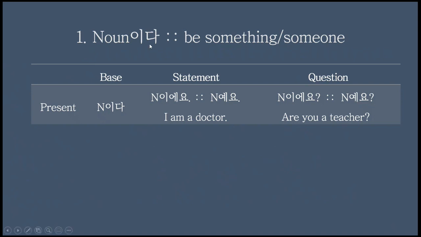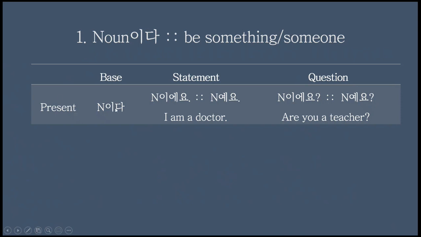Noun plus 이다 form. When can you use it? A stuff is something, or a person is someone. Only in this structure you use the noun plus 이다 form, okay? 자, let's start with the present tense.